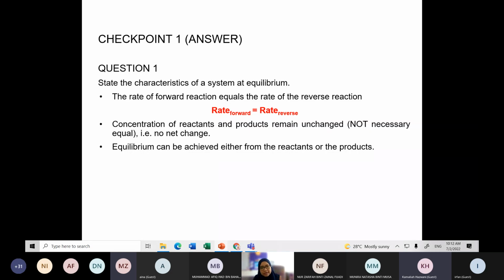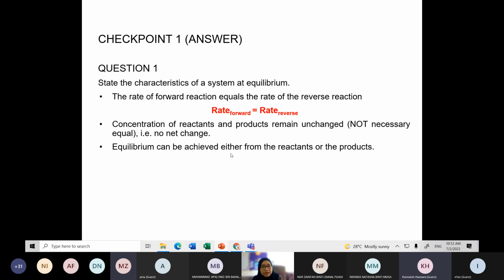After 20 seconds, the concentration still remains the same. After 30 seconds, it is still the same. So we would say that the reaction at that time has achieved equilibrium.